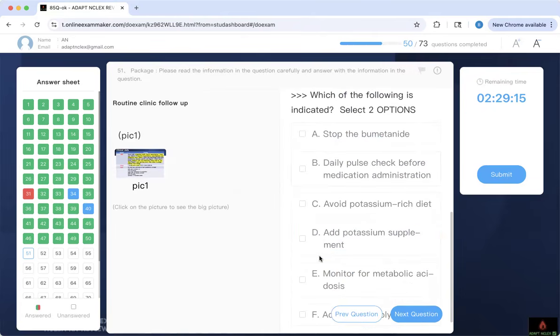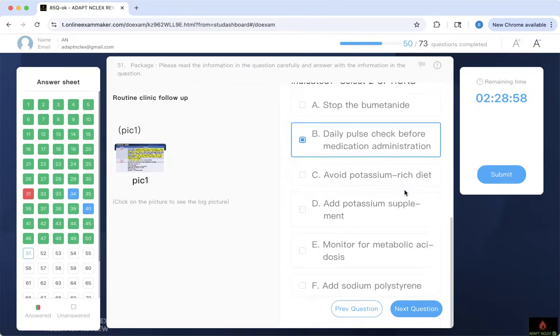Select two options. Do we want to stop bumetanide because he has exacerbation? Patient has exacerbation. We're not going to stop it. You need to monitor daily pulse check before medication administration. Which one? Digoxin. Avoid potassium-rich diet? Well, if potassium is already low, we should not do that. Add supplemental potassium because the potassium is low.